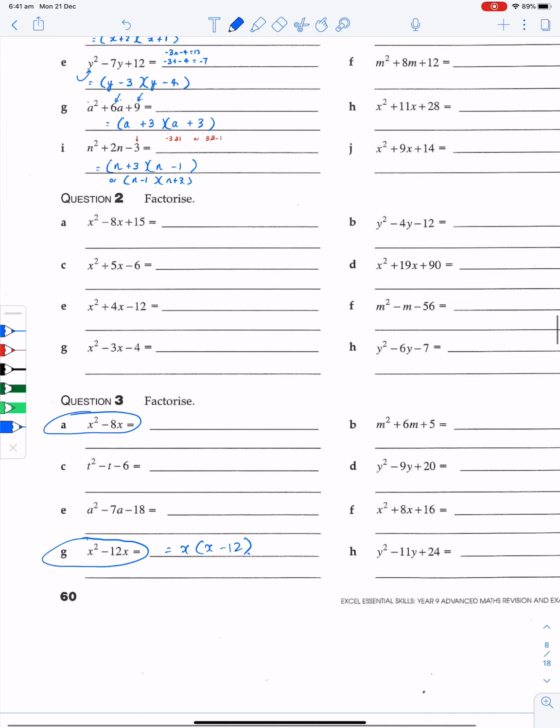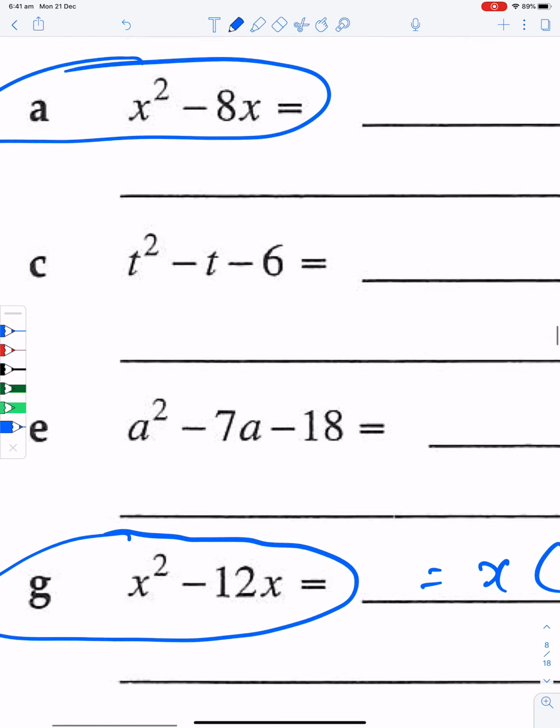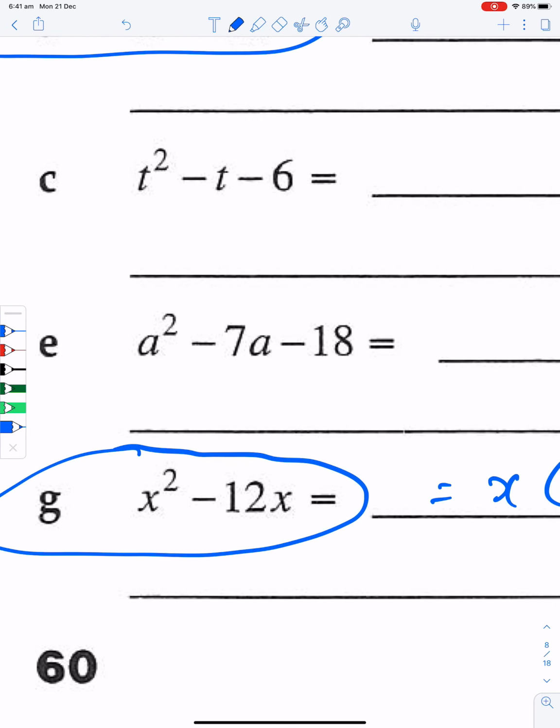Question 3c. When students are often starting this topic, they get a little bit confused here. If you look at 3c, you've got t squared minus t minus 6. Really, in front of the t, there's a 1 there that you can't see. 1 is a coefficient of everything, so you can do that.